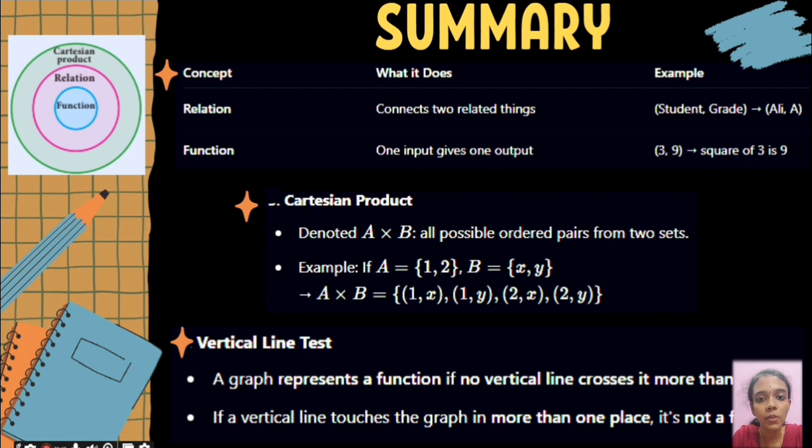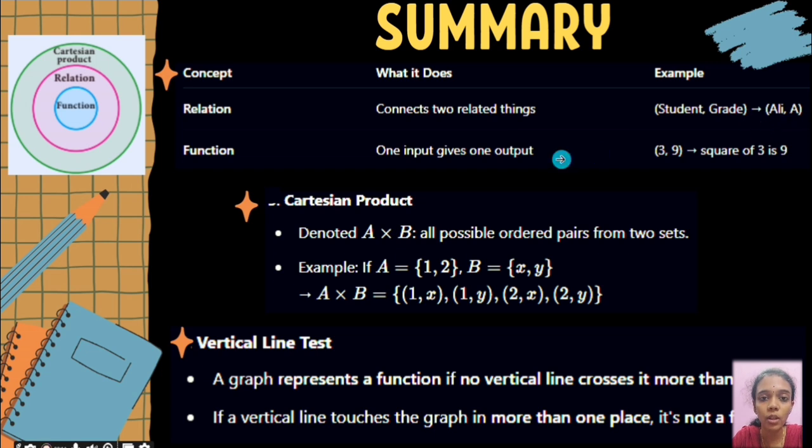Alright class, let's wrap up everything we have learned today with a quick summary. We started with a Cartesian product which gives us all possible ordered pairs from two sets. That's the base of how we represent relations. Then we explored relations, how two things can be connected like a student and their grade.